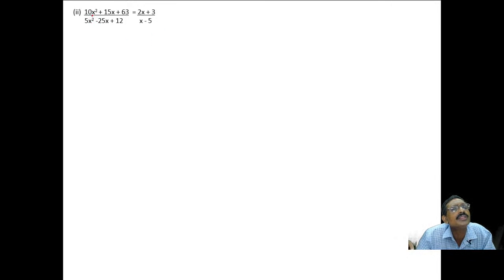What can I do? See here, 10x squared and 15x. Here I've got 5x squared and 25x. Can I remove something which is common in these two terms? Let me see. If I remove the common term, what will be common here? 5x. So what will come here to get 10x squared? I will get 2x plus.